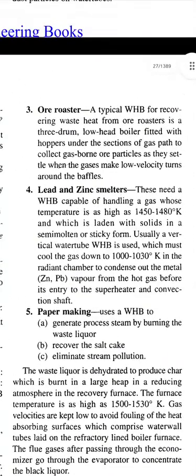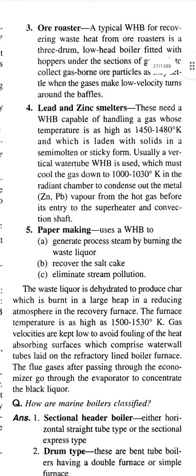Ore roaster. A typical waste heat boiler for recovering waste heat from an ore roaster is a three-drum, low-head boiler fitted with hoppers under the sections of the gas path to collect gas-borne ore particles as they settle when the gases make low-velocity turns around the baffles. Lead and zinc smelters.